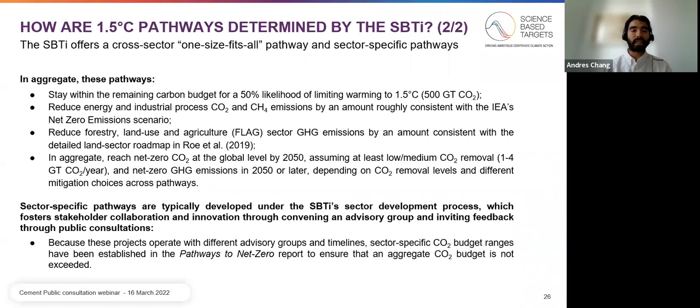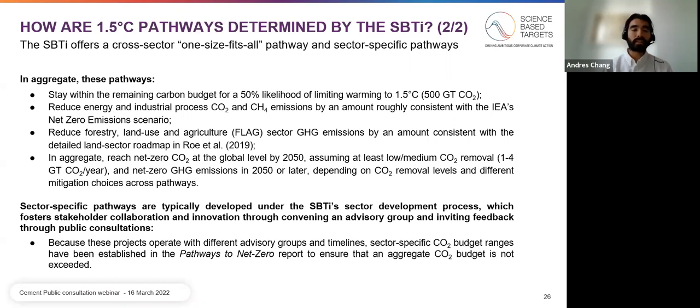What that paper lays out is the aggregate outcome of all of the different pathways that we have produced and are producing in sector projects. So in aggregate, we're focused on staying within the remaining carbon budget for a 50% likelihood of limiting warming to 1.5 degrees.